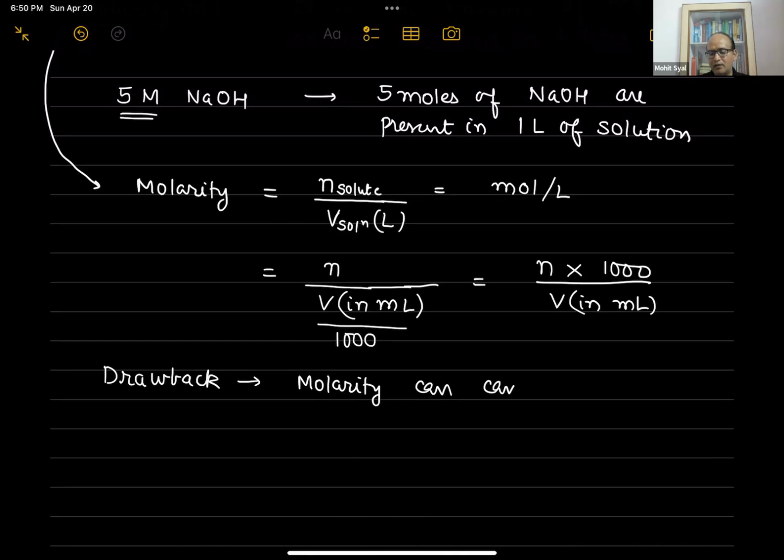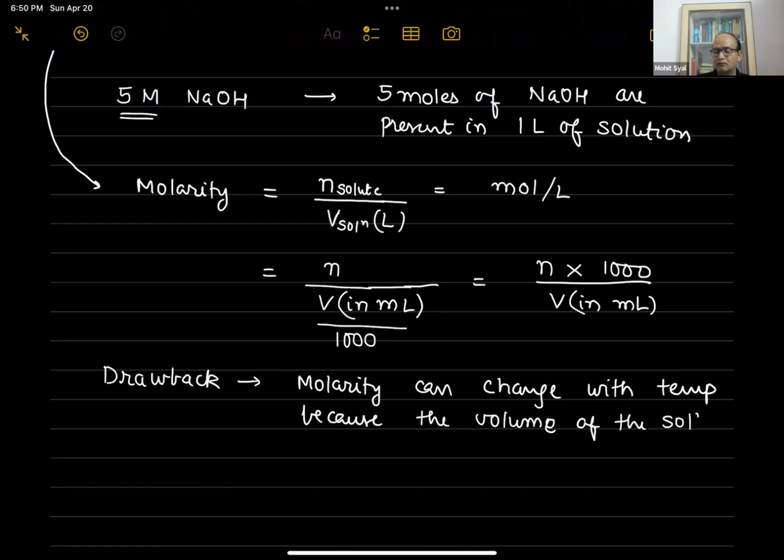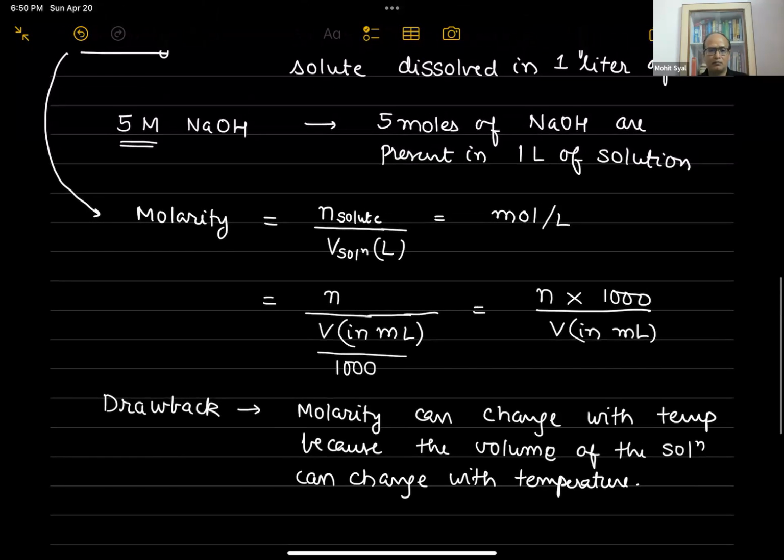Molarity can change with temperature because the volume of the solution can change with temperature. So I hope this is clear to both of you.